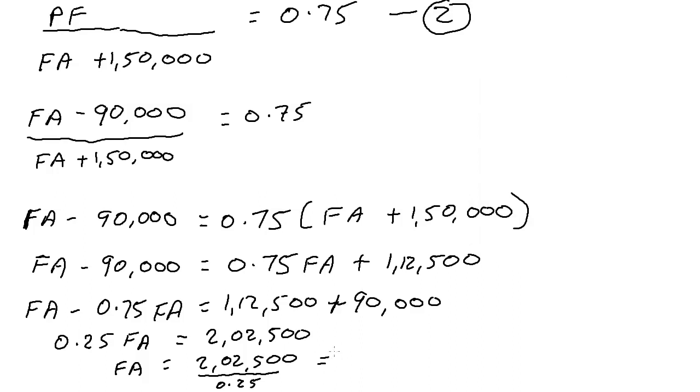Okay, so we have fixed assets as 8,10,000, and now we go ahead and do the math for the missing figure.